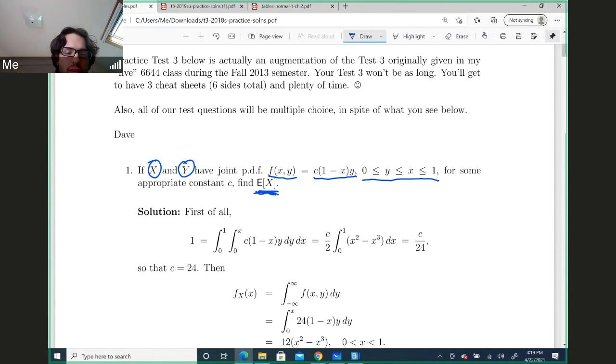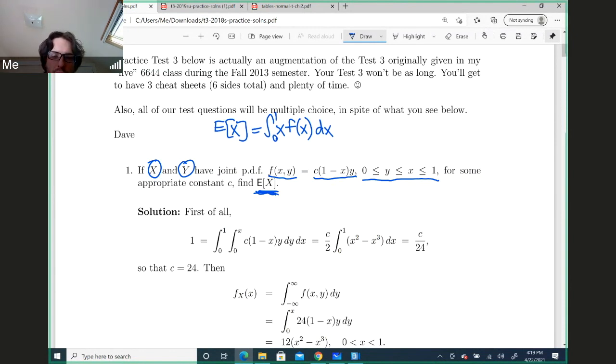In order to actually calculate E of x, the definition for E of x with continuous variables is that you integrate the PDF f of x, and because x is in the expectation, you multiply x by the PDF and you integrate it over the entire range where there is positive probability density. In this case, x can be from 0 to 1, so 0 to 1 are our integration limits. And so that's the first thing.